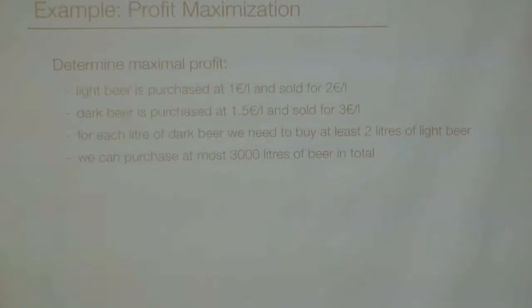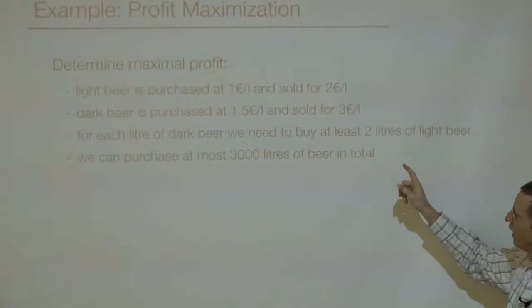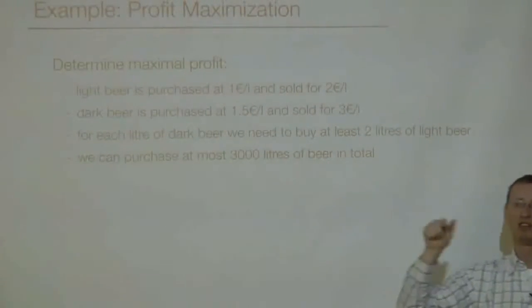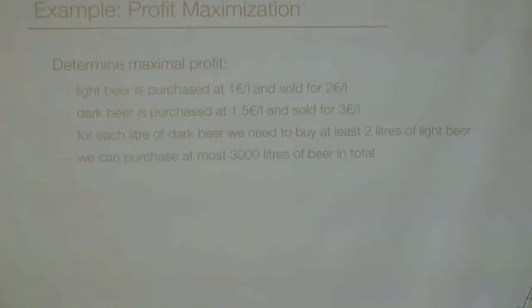However, the Duff Company does not allow him to buy only dark beer. What the Duff Company said is, if you want to buy 1 liter of dark beer, you have to also buy at least 2 liters of light beer. Meaning, if Joe buys 2 liters of dark beer, he needs to buy at least 4 liters of light. He can also buy more.